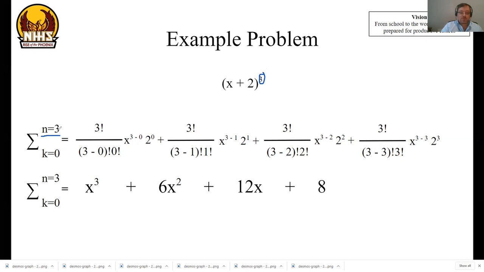That's starting with 0 going to 3. 3 factorial. You go through the formula. X to the 3 minus 0, 2 to the 0. 3 factorial, 3 minus 1. So this is a process we go through. And you end up getting this answer right here. This is how a calculator does it. They use the theorem. They use things to do that.